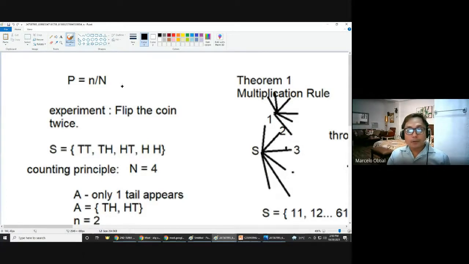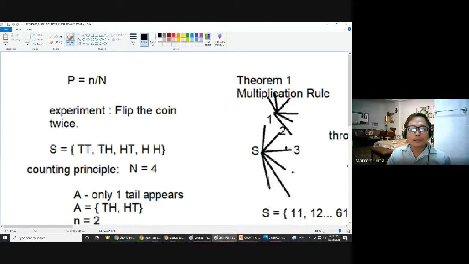So, just a short introduction regarding counting principle. We are just merely counting. Now, we will not do the tree diagram. We will be using formula or concept para ma-count natin directly yung small n or capital N.